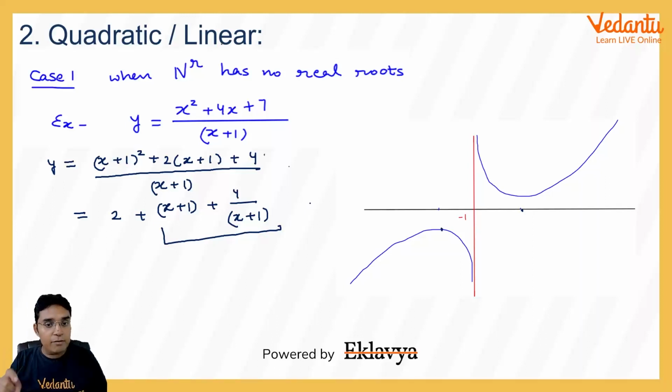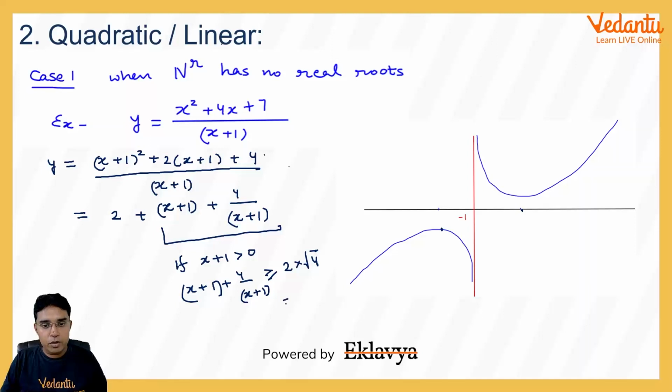And we can find the value of this expression by use of AM-GM. See, if x plus 1 is positive, then x plus 1 plus 4 upon x plus 1 will be greater than or equal to, by use of AM-GM, 2 into under root of 4, isn't it?